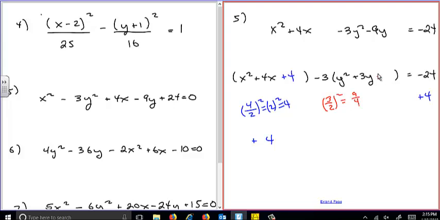So we add 9/4 here. But really what we're doing is we're taking negative 3 times 9/4. So that's negative 27/4. So we're really subtracting 27/4 from both sides.